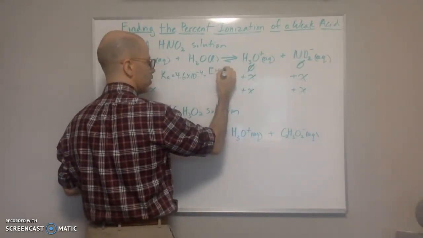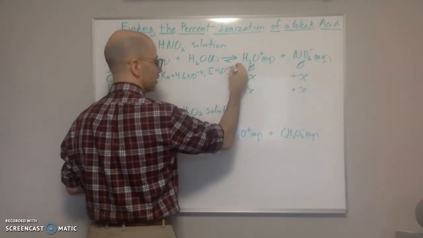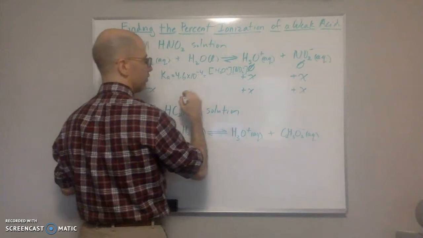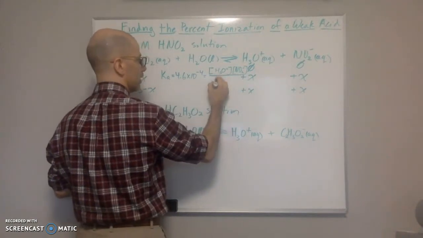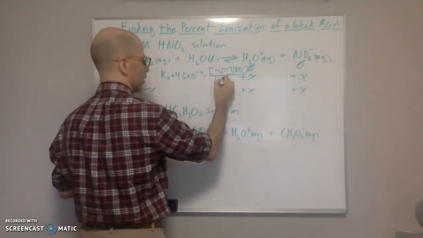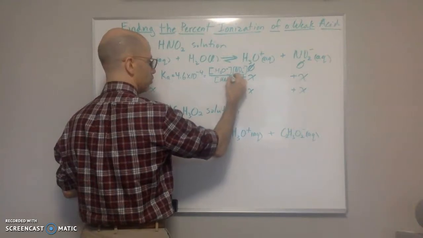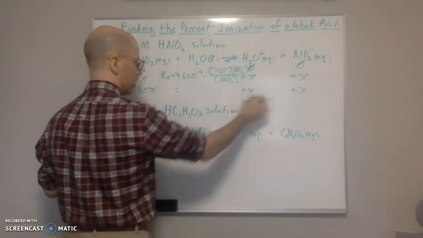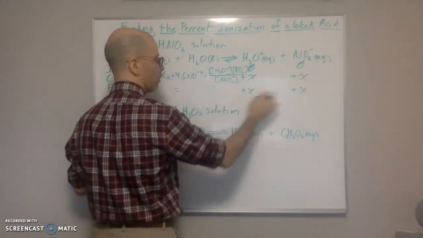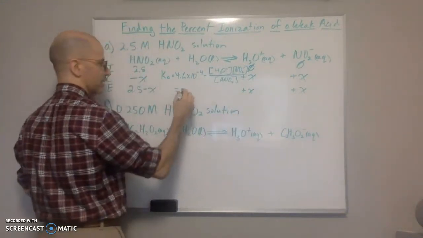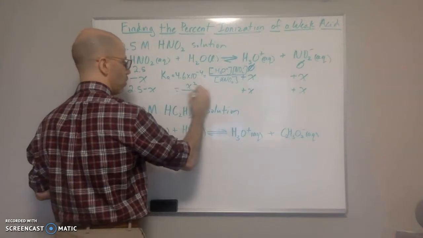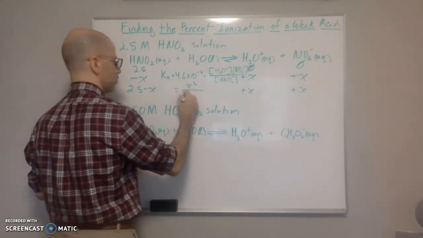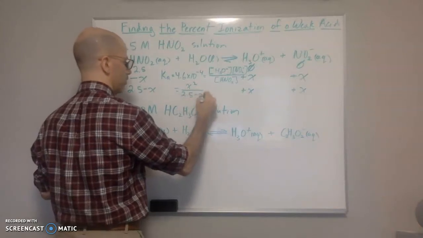So it's H3O plus concentration multiplied by the concentration of NO2 minus all over the concentration of the acid HNO2. And then we plug the values in here. So X for both of these, so it's X times X is X squared, over the expression for the acid, which is 2.5 minus X.